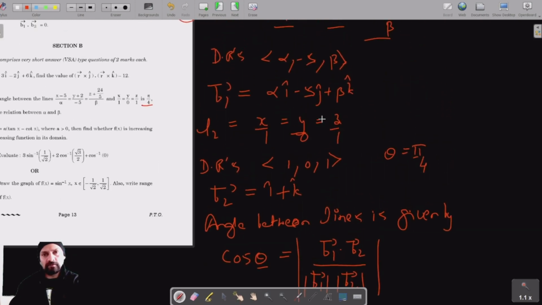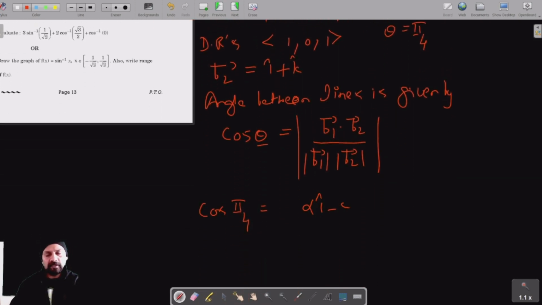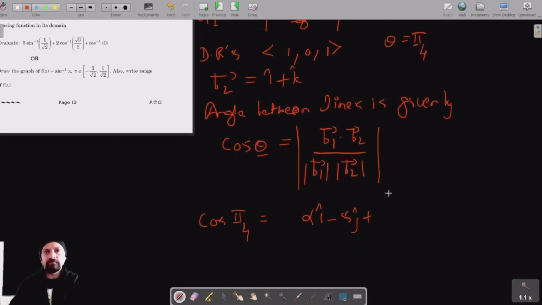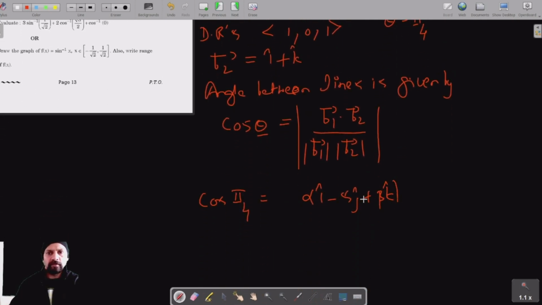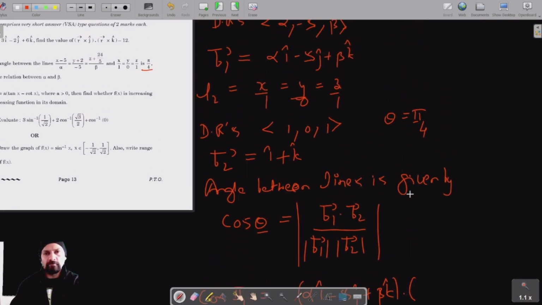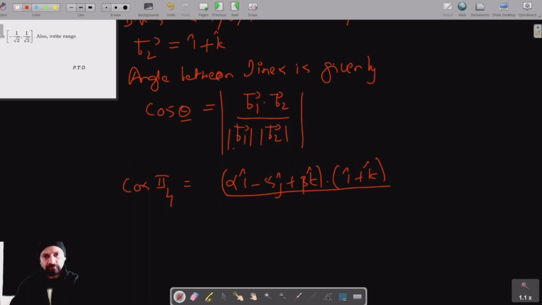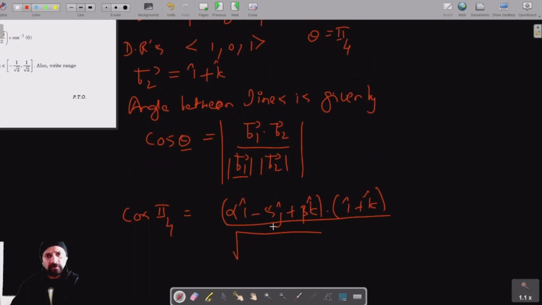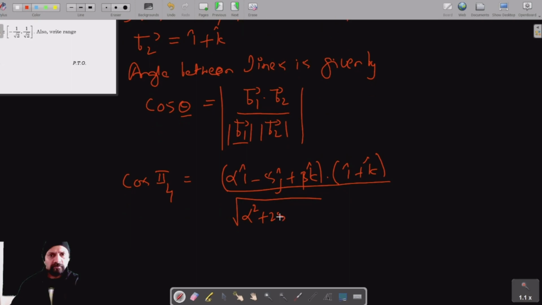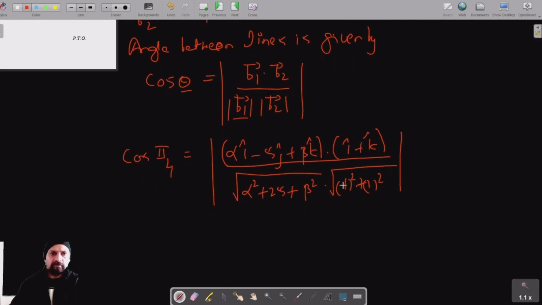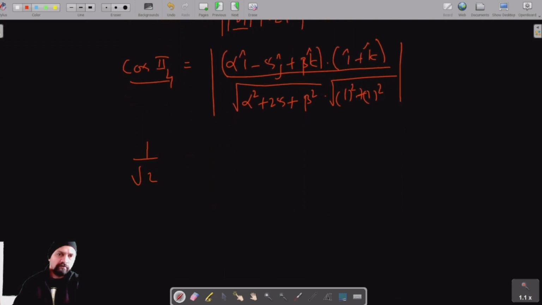And now b1 vector is alpha i cap minus 5j cap plus beta k cap, dot product b2. b2 is i cap plus k cap, upon. Now the magnitude of b1 is root of alpha square plus 25 plus beta square, into root of 1 square plus 1 square. So cos pi by 4 is 1 by root 2.